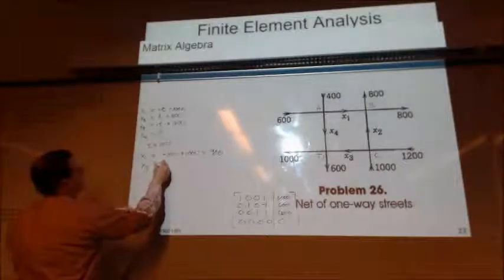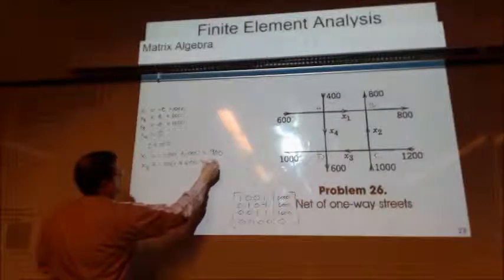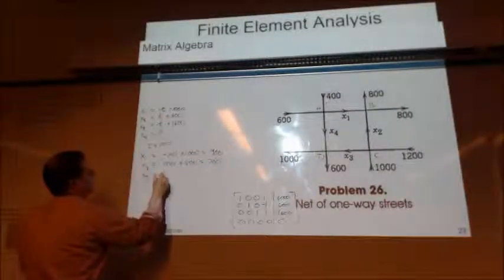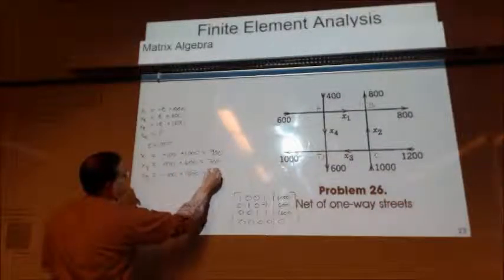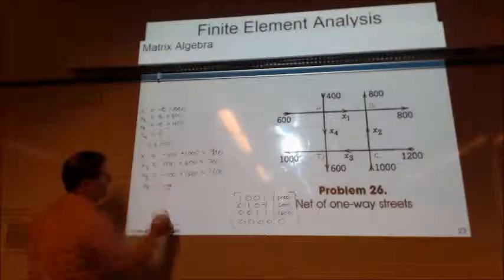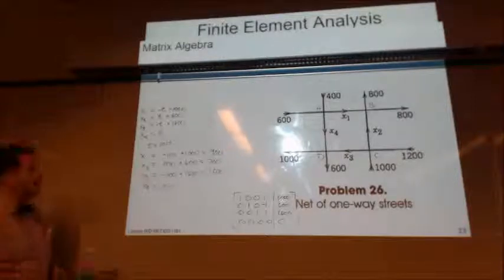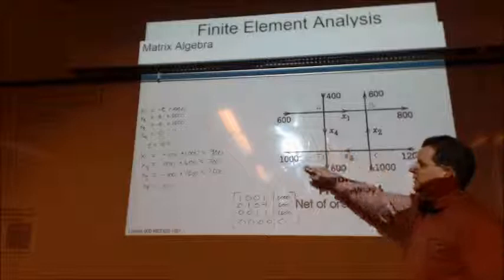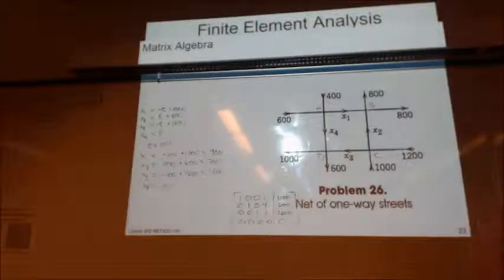X2 is 100 plus 600, 700. X3 is minus 100 plus 1600, which is 1500. X4 equals 100. So if I have 100 cars go through x4, those are the numbers that are going to go through the other values.